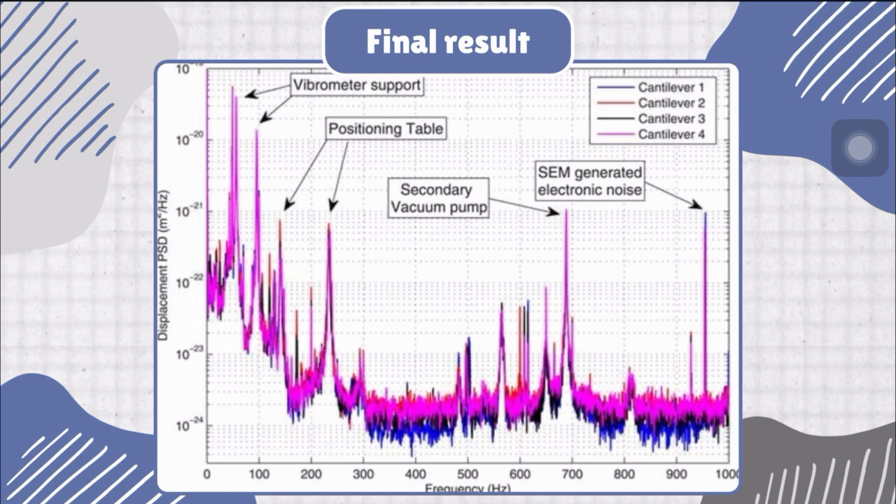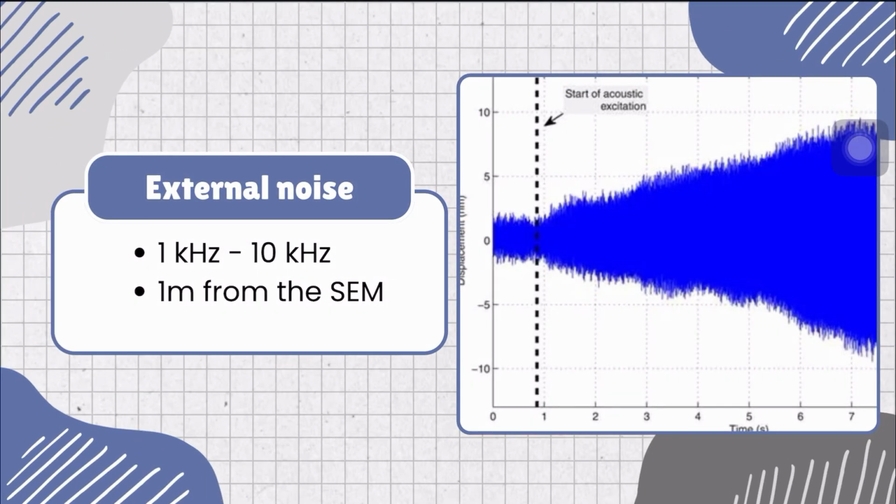Finally, the author identified the interference source for all 6 major peaks. However, when the sound matches a resonant frequency, vibration will amplify significantly even at a lower sound level of 64 decibels.